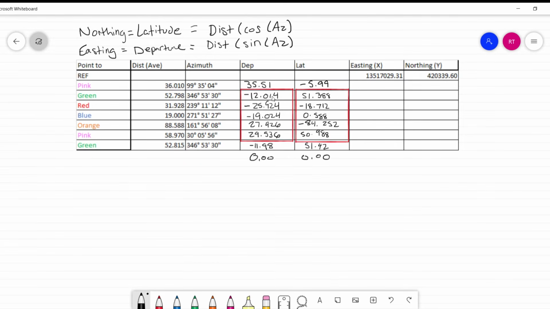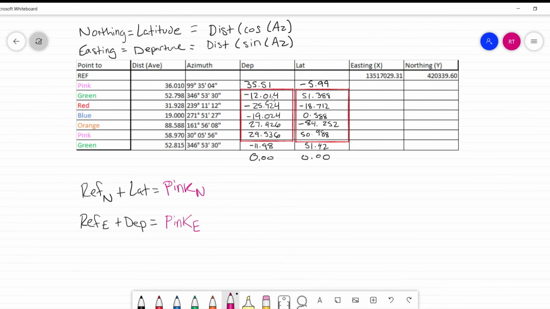We're going to use this information to now calculate the coordinates of all of our points. To calculate coordinates, all it is going to be the reference northing plus the latitude gives you the pink northing, and the reference easting plus the departure gives you the pink easting.